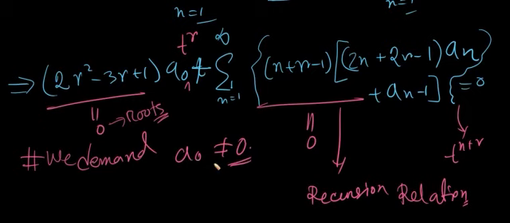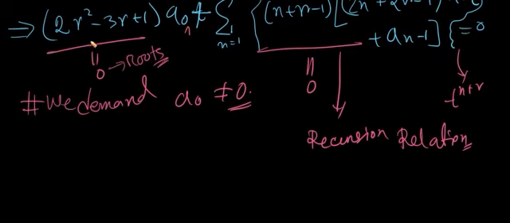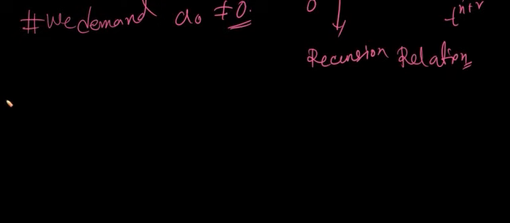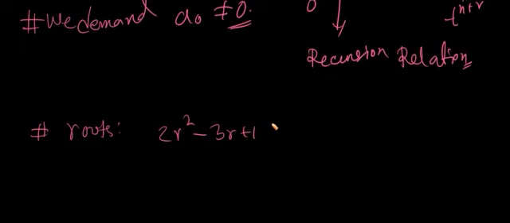We are demanding a naught is not equals to 0. That means we don't want the trivial part, so we want the roots, and we have to put this equation equals to 0. That means 2r square minus 3r plus 1 equals to 0. So let's do that. So roots, it will come from 2r square minus 3r plus 1 equals to 0.